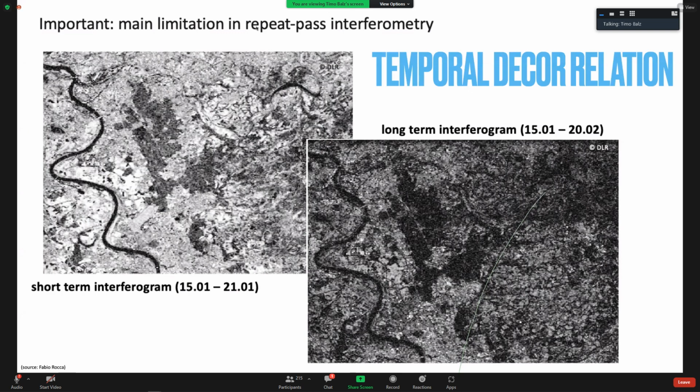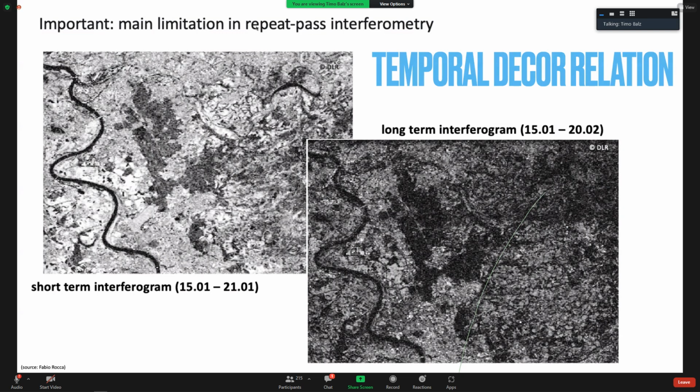But today, in terms of interferometry, we are interested in coherence as a quality measurement. And we lose the coherence very, very fast, which means we lose the quality of our measurement very fast through temporal decorrelation.